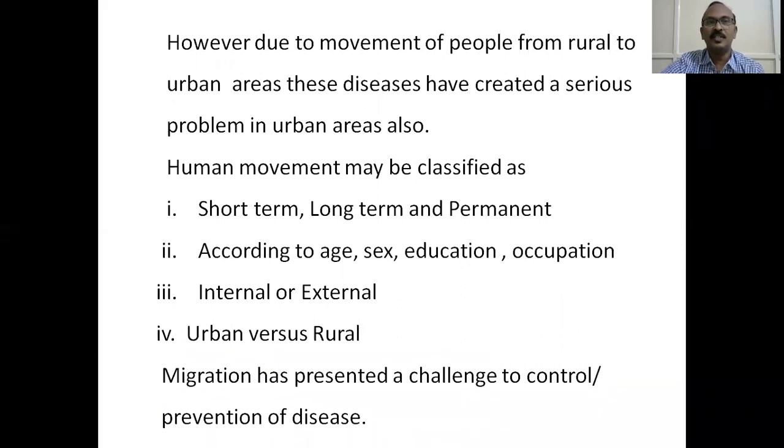Now, this human movement or migration, as we understand, can be short-term, long-term, or permanent. It can be according to age, sex, education, occupation. It can be internal within the country, or external to another country, or urban versus rural. Migration has presented a challenge to the control and prevention of disease.